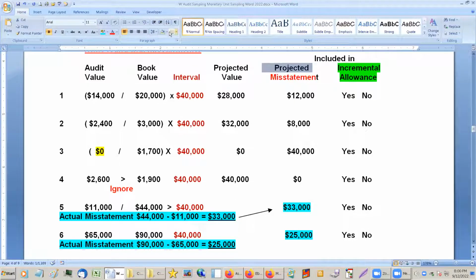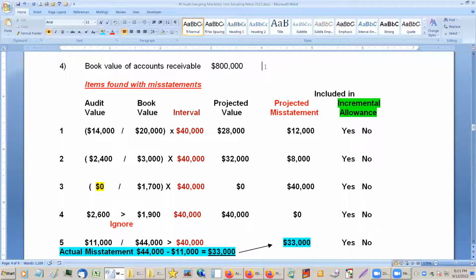And actually, we could figure out how many items were in the sample, because it has to do with the interval. If we were to divide this by the interval of 40,000, that'll tell us how many items they picked. 800 divided by 40.